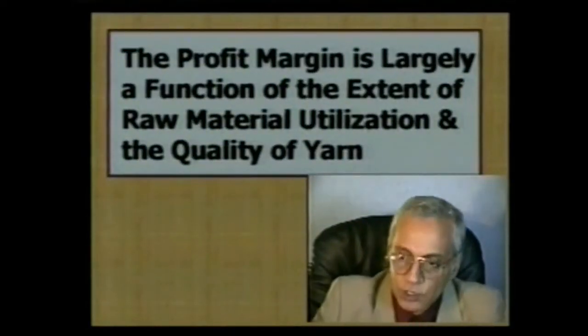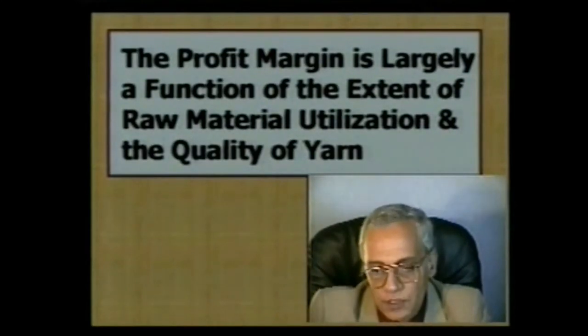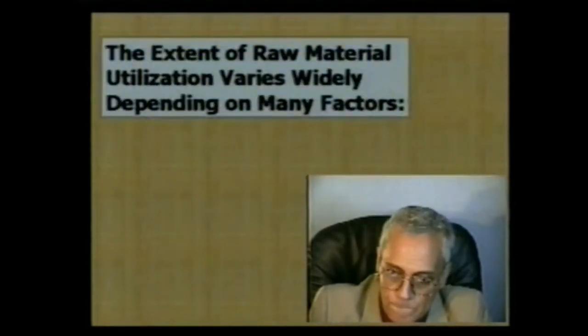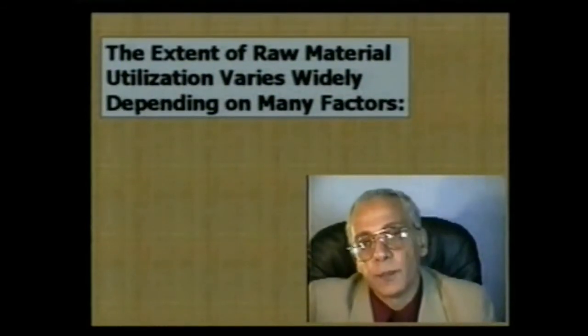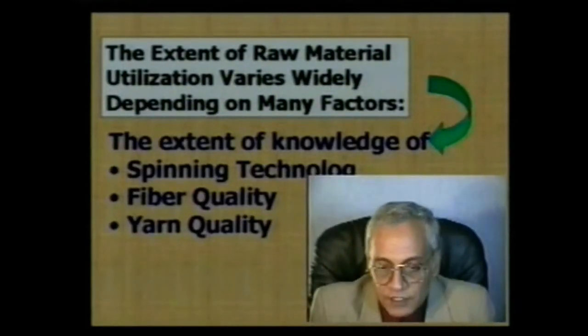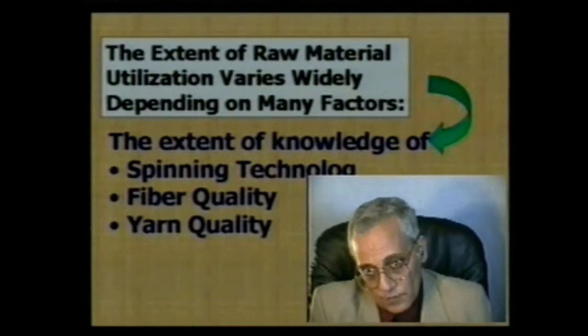The profit margin is largely a function of the extent of raw material utilization and the quality of yarn. The extent of raw material utilization varies widely depending on many factors: the extent of knowledge of spinning technology, fiber quality, and the yarn quality.